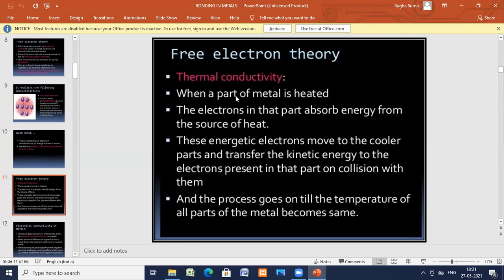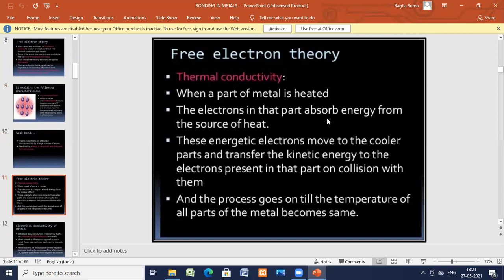When a part of the metal is heated, electrons in that part absorb energy from the source of heat. Just take a metal and heat it. The electrons in that part absorb energy from the heat source.